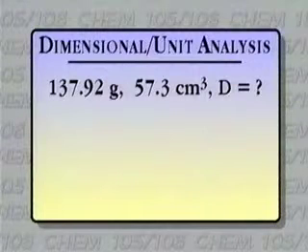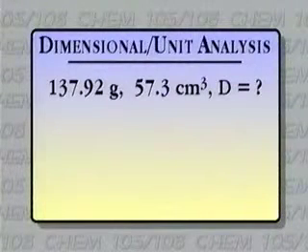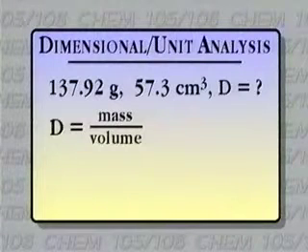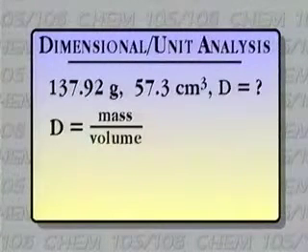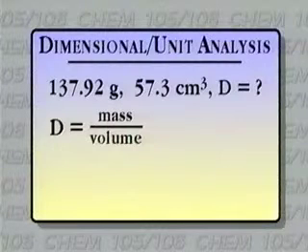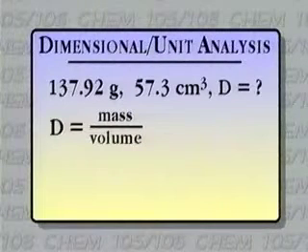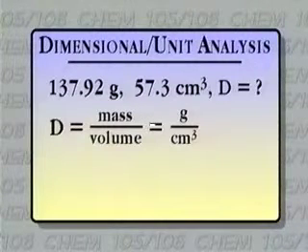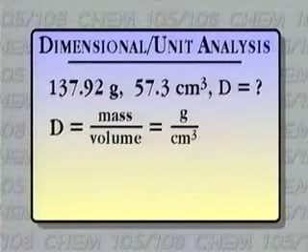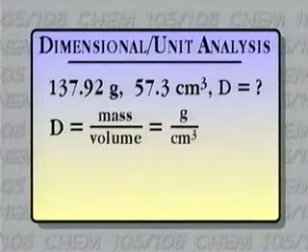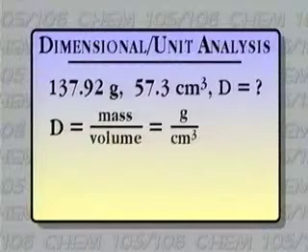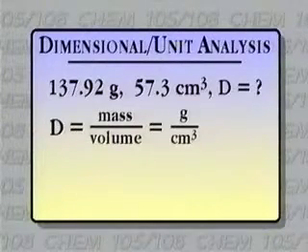Now, from previous lecture, we said that density is defined as the mass of an object divided by its volume. And if it's a solid, we said that the units that we use are grams over cubic centimeters. So what we want in our answer unit-wise is grams divided by cubic centimeters.